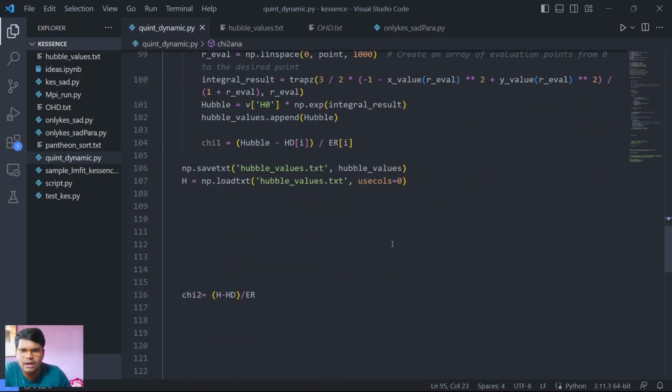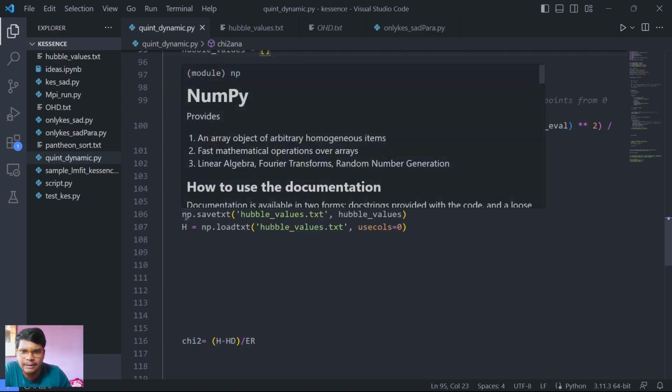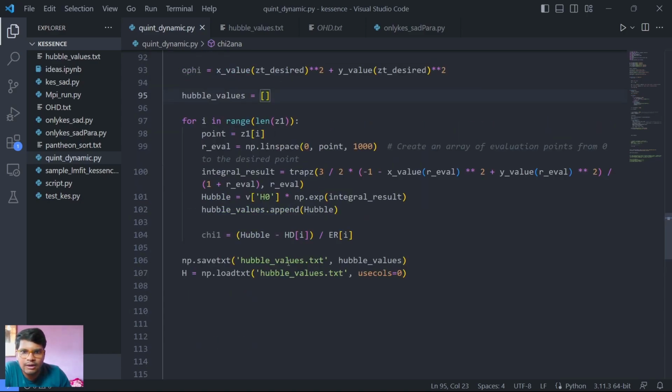Forget about this one. Now I'm going to save it with np.savetxt, the file Hubble value dot txt, because this is the Hubble value that I am trying to make into a list. This is the file name and this is the function name that we are using, right?